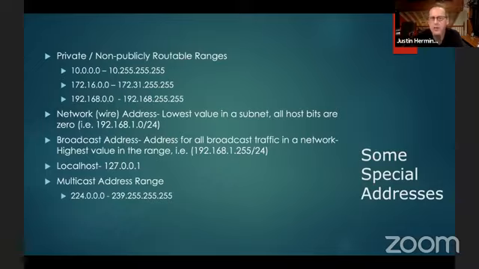But the bottom address in the range is off limits because it's the one that's all zeros in the host field and defines the network. The top address, the broadcast address, the highest address in the network, the .255s or the .127s, are off limits because when they send out broadcast traffic, that's where it all goes.